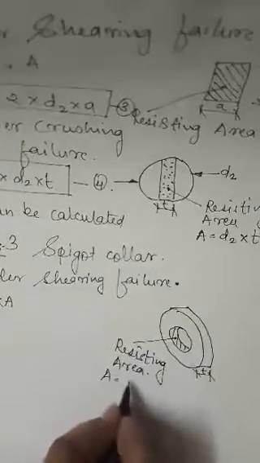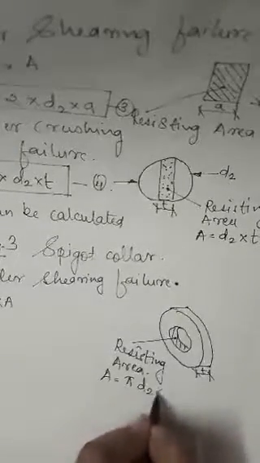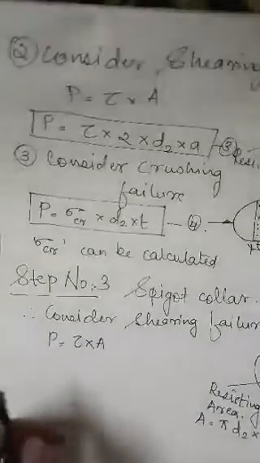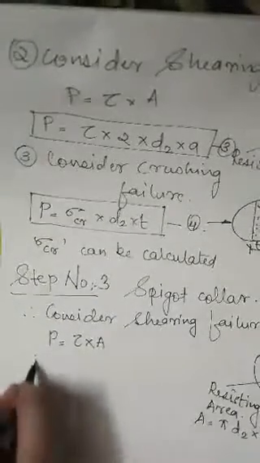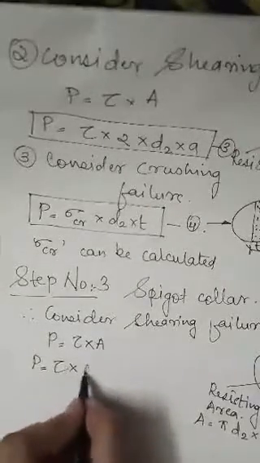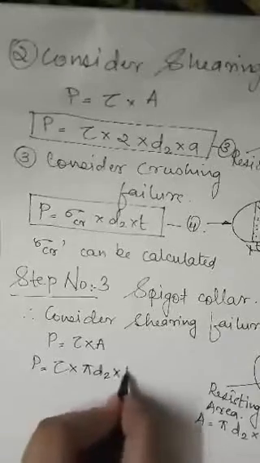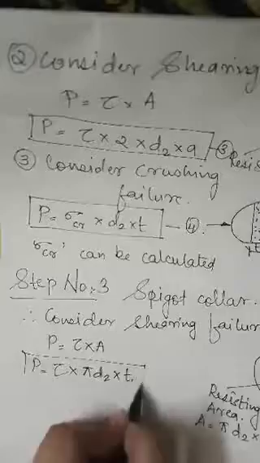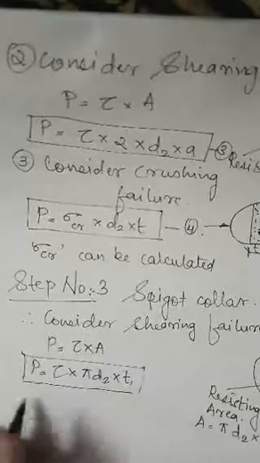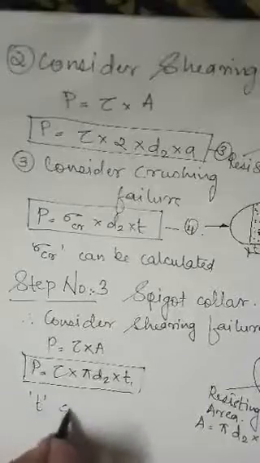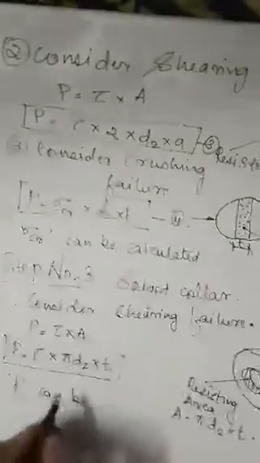Area will be pi D3 into T, circumference into T. So this will be our formula number 5. From this formula we can find out T. T can be calculated.